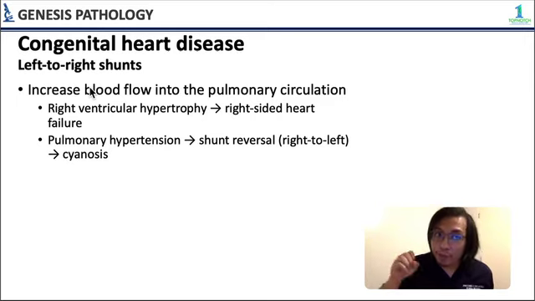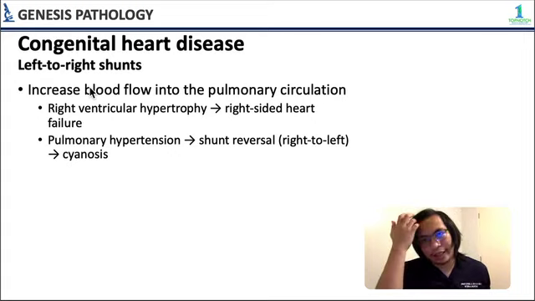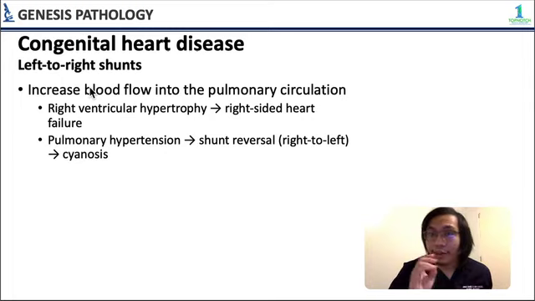Now, what will happen if you increase blood flow to that usual low pressure and low resistance pulmonary circulation? You will have increase in pulmonary resistance and what do you call that? Pulmonary hypertension.